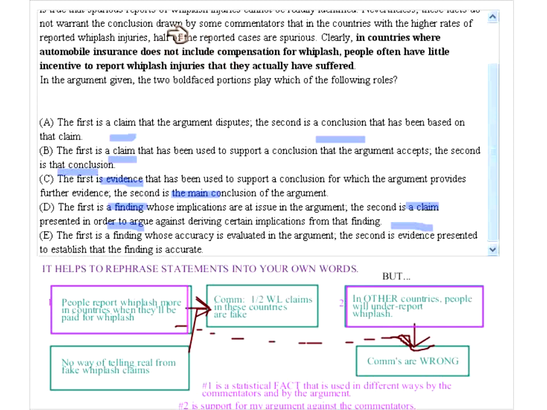But what this means, if you explain it out loud to somebody, is when you pay people for whiplash, then people start reporting whiplash more. That makes sense out loud. So that's the rule that I use for paraphrasing: give me something that would make sense if you said it out loud.